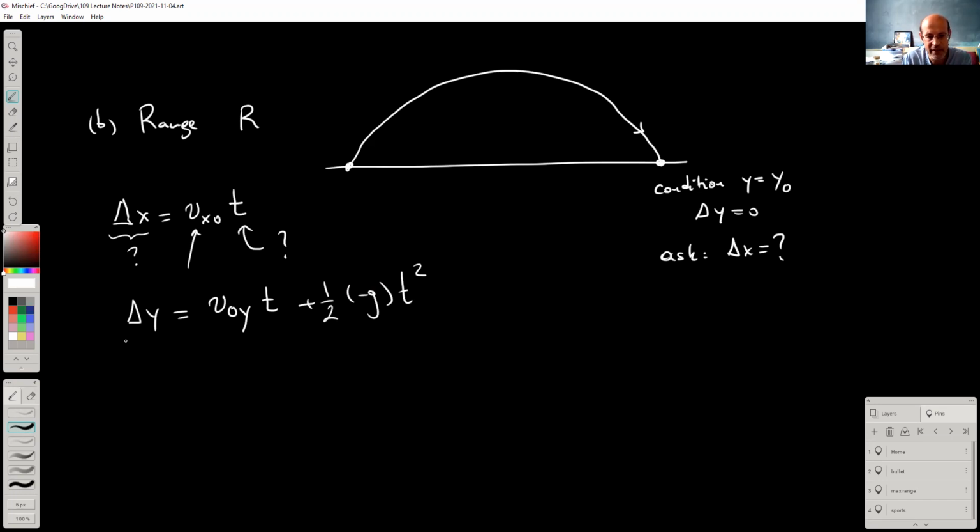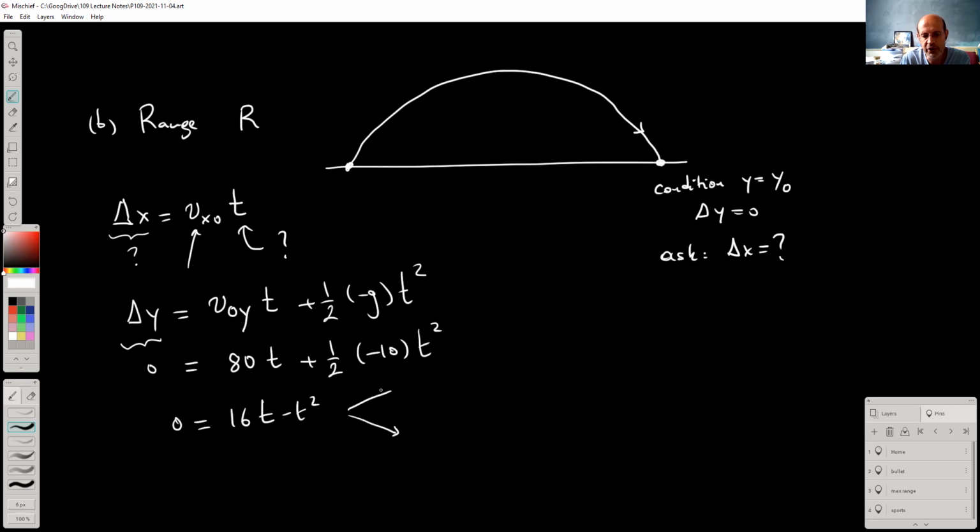In any case, this is 0, so that's our condition. V0y is 80, actually plus 80, and the gravity is 10. So I need to solve this equation. I think 160 in here. So the equation is 16t minus t squared.